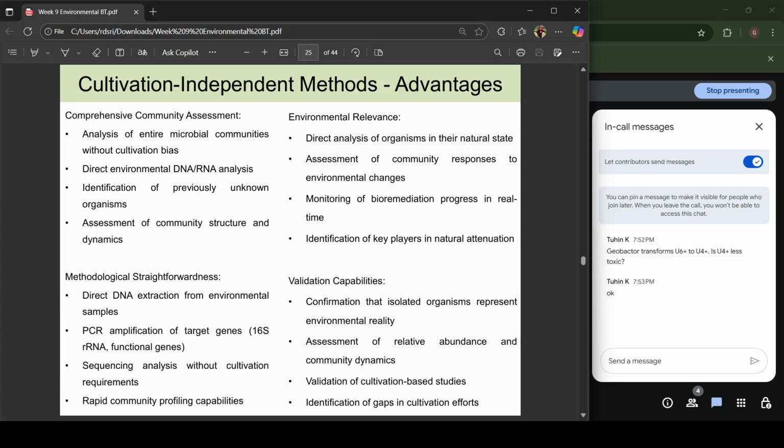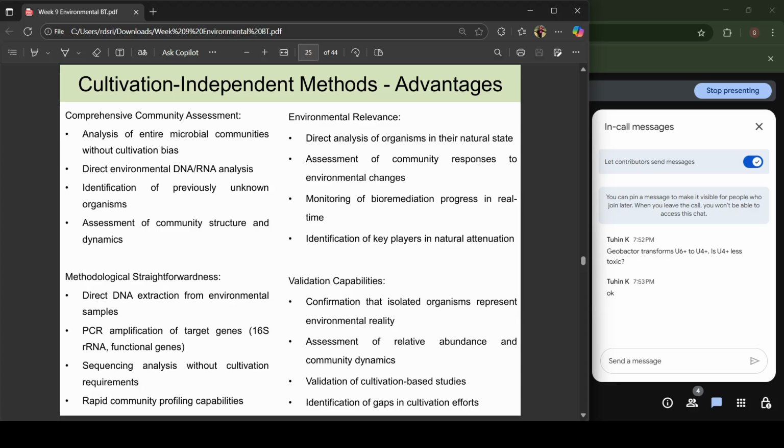When we talk about cultivation independent methods, it allows comprehensive community assessment, and it follows a straightforward method. It has environmental relevance, and then it validates the capabilities of the microorganisms. So when we talk about getting a comprehensive community assessment, we mean that the analysis of the entire microbial community without the cultivation bias is possible here, and we only need the direct environmental DNA and RNA samples for analysis.